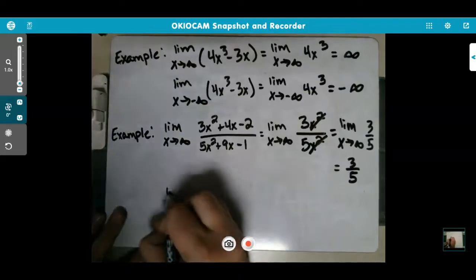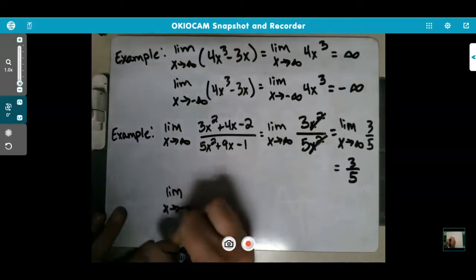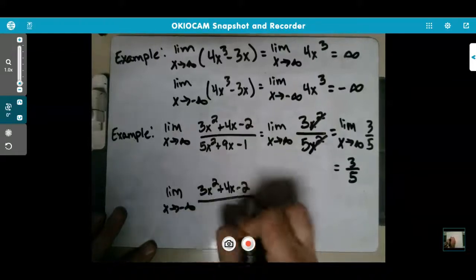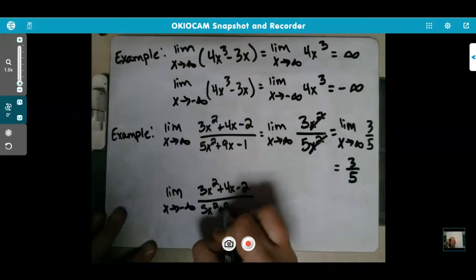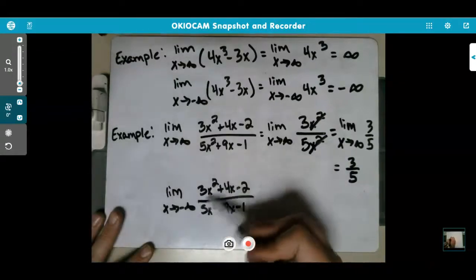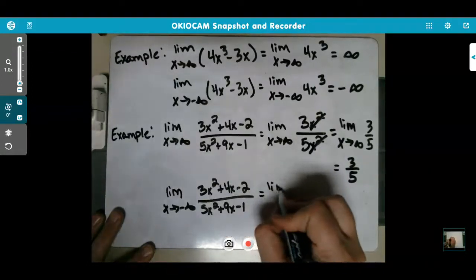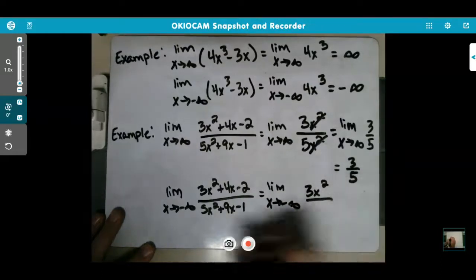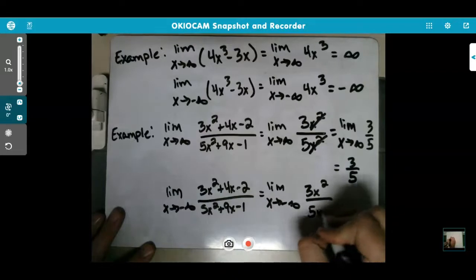Now let's look at negative infinity of the same thing. Once again, I only need the largest one for each. So on the numerator, I only need 3x squared. Down here, I only need 5x squared.